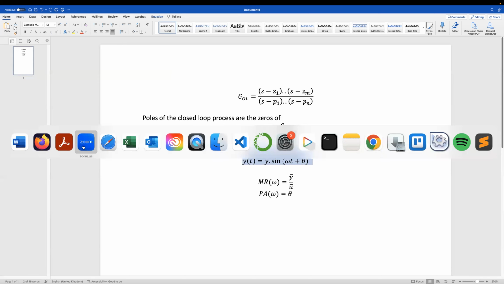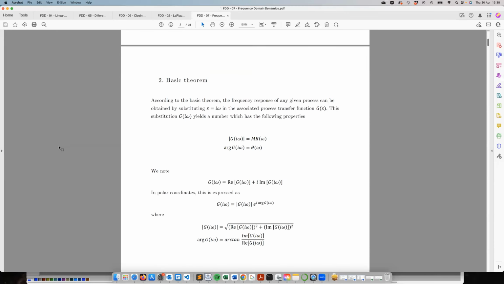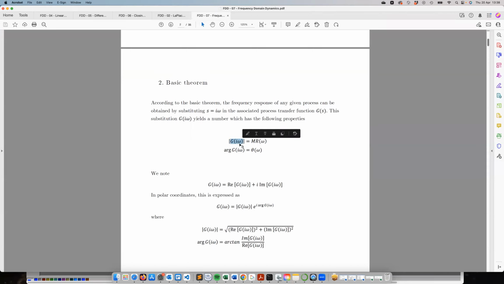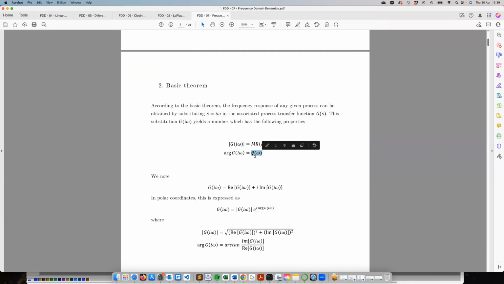If you look at the so-called basic theorem, the basic theorem says that this magnitude ratio is actually the same as the magnitude of our g function, if we use s equals I omega. And similarly, this phase angle, which is simply the delay time, is equal to the argument.